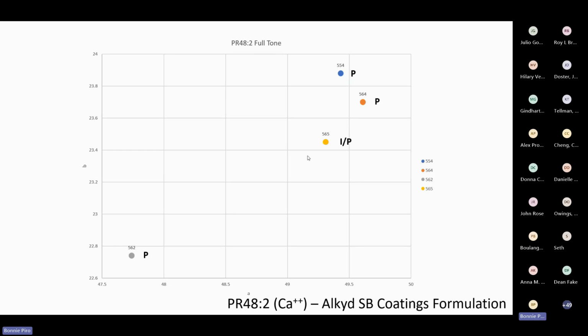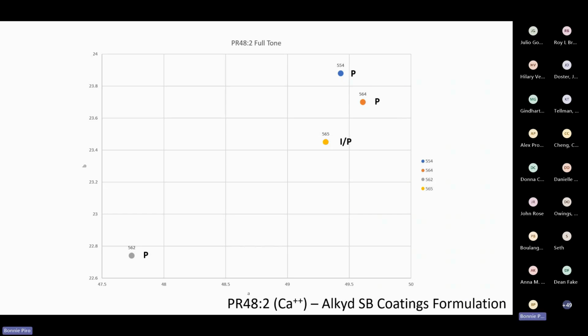In plastics, we saw this particular product, the 565, over here at the most yellow location. And here it's more over with these two other products. It is the 562 product that is by itself over here, being the most blue, as well as the most green. So it doesn't develop as much redness in this particular formulation.